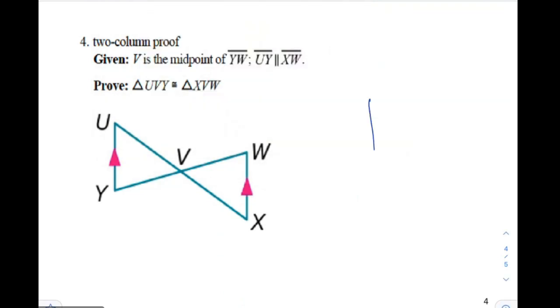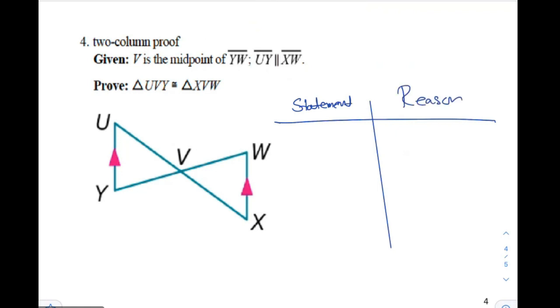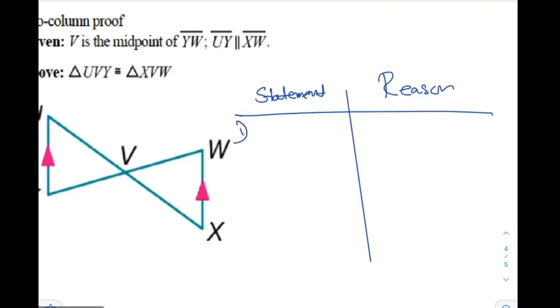Same thing here, we have two parallel lines, so you should think about alternate interior angles because the letter Z appears more here. What is given? V is the midpoint of YW.